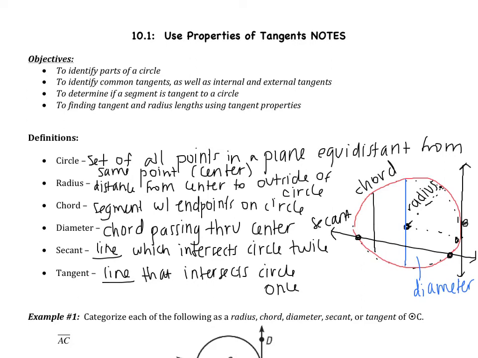This would be the point of intersection. So this is a tangent. One important property that you should remember from previous classes is that the radius is half the length of the diameter. So if the diameter is 10, the radius is going to be 5. So hopefully you remember that.